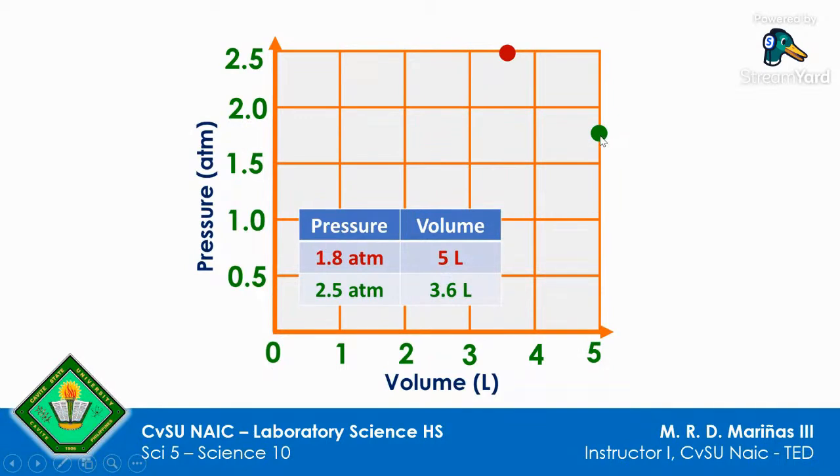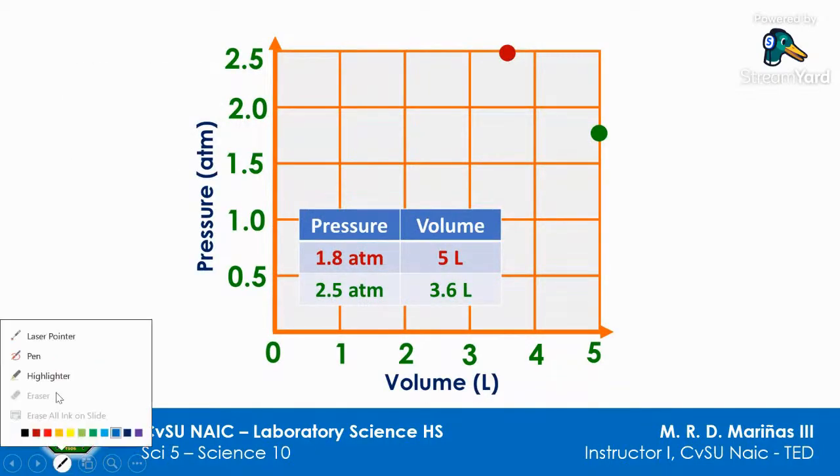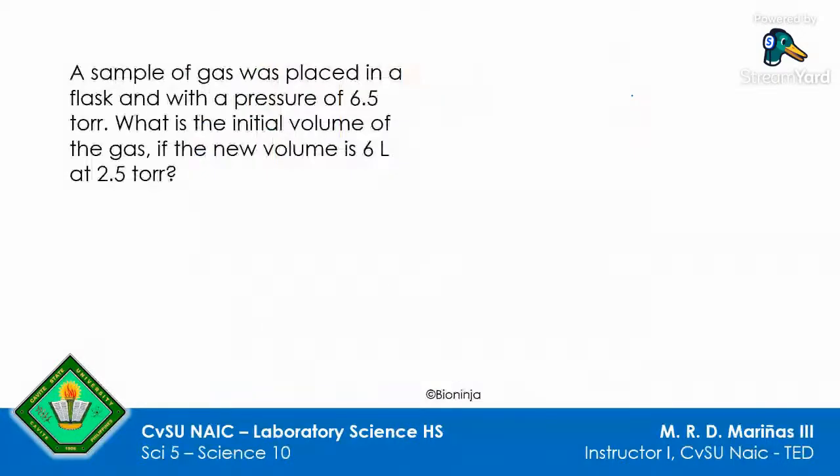Ito po yun. Then 2.5 atm and 3.6 liters. So tumaas yung pressure, bumaba ang kanyang volume. So let me use a pen para mapagkonekta lang natin itong dalawang dots na ito. So ganito po mangyayari sa kanya. Okay? So napakadali. So let's have another problem.